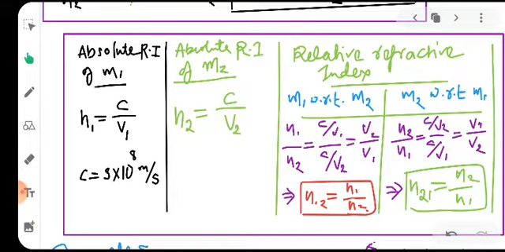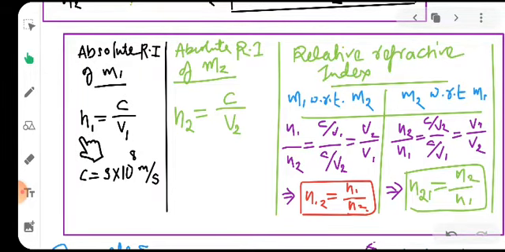So let me come to the point. The point is that we are going to define relative refractive index in terms of the absolute refractive indexes of the materials. Suppose you have a material 1 and you have another material 2, and you go on to define the absolute refractive index of material 1.